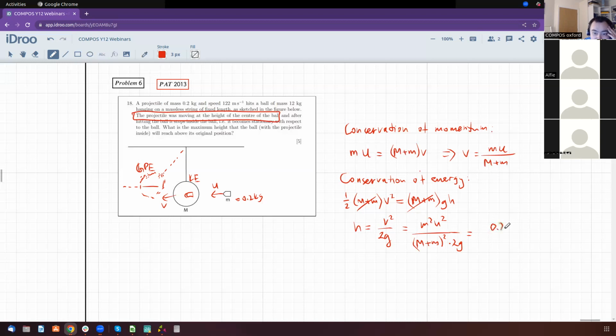So 0.2 squared times 122 squared divided by 12.2 squared multiplied by 20, just for simplicity. And we get a number.